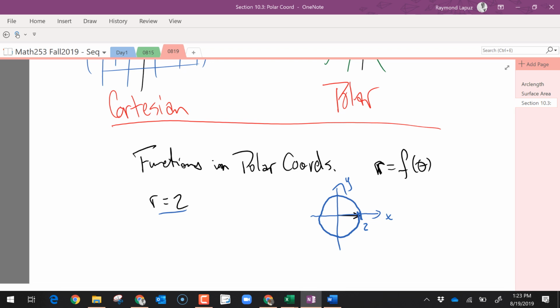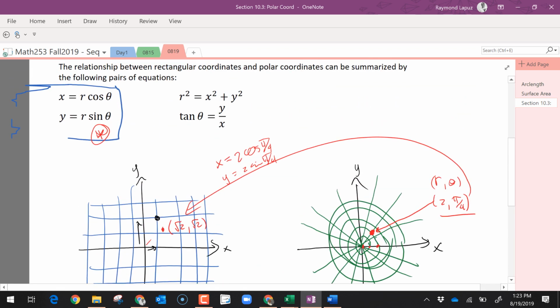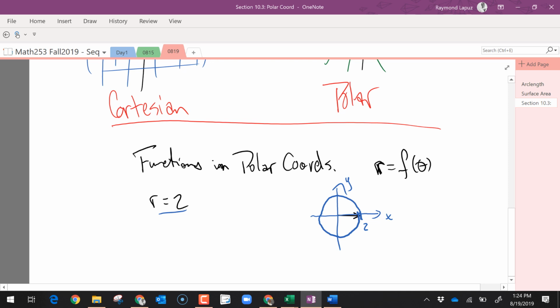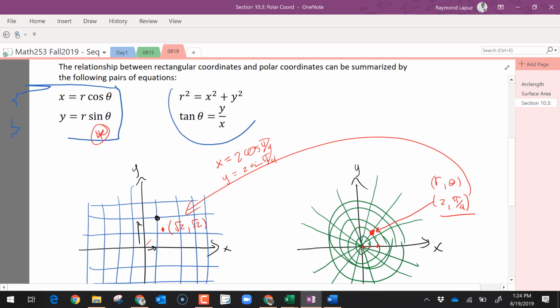Now, we can also use this relationship between r and theta to see if we can express this as an equation in Cartesian coordinates. So r, remember, what's r equal to? r is equal to 2, but r equals the square root of x squared plus y squared.